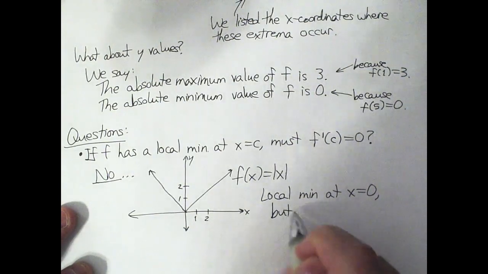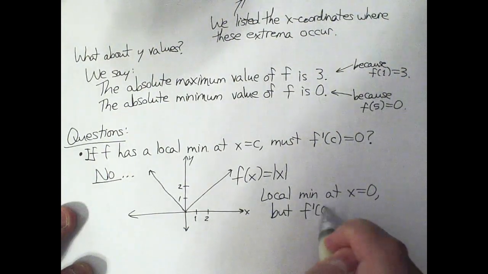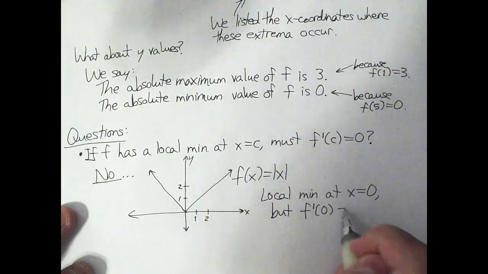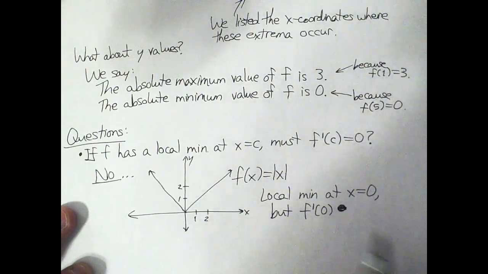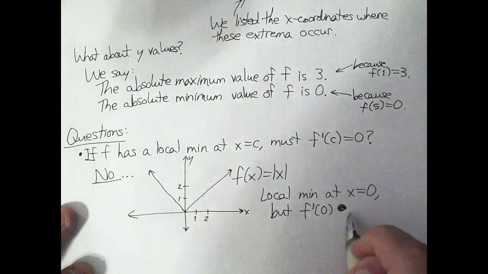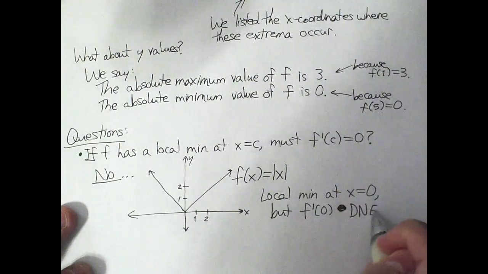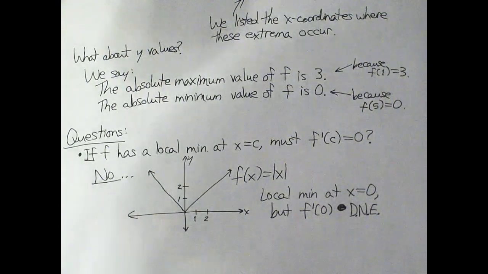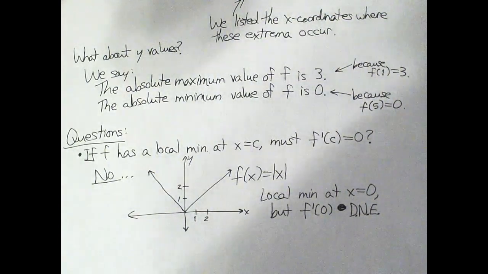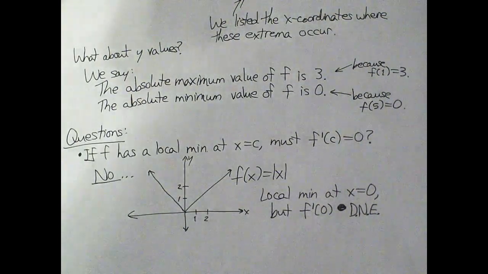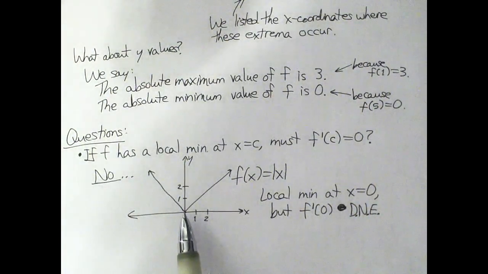But what is f prime of 0? Well, I was about to write an equal sign, but actually f prime of 0 does not exist. Do you remember way back when we first learned about the derivative? We learned there are a couple of cases where the derivative doesn't exist, and one of them is that the derivative doesn't exist at sharp corners.